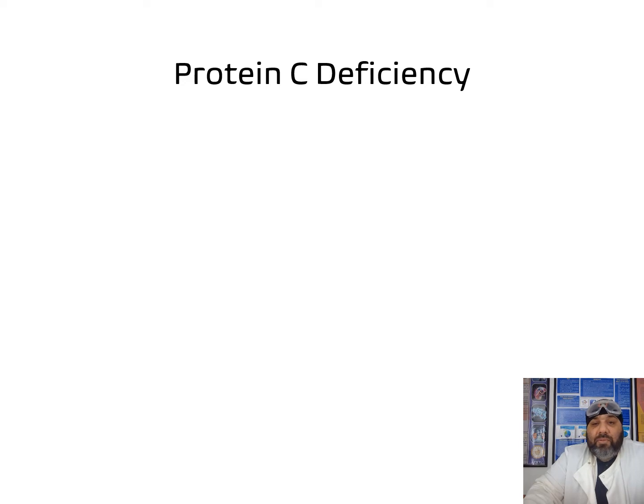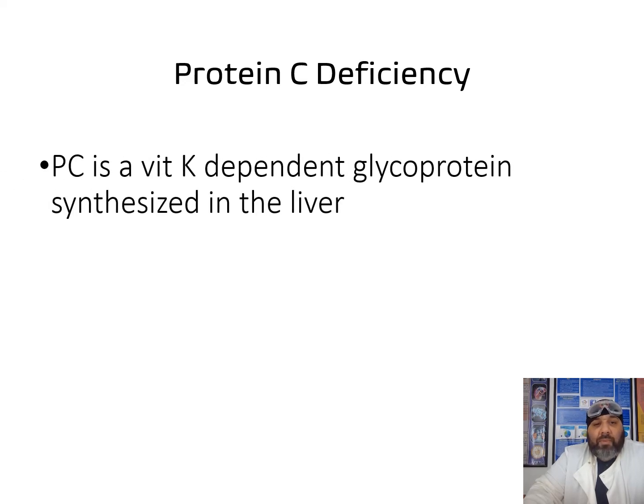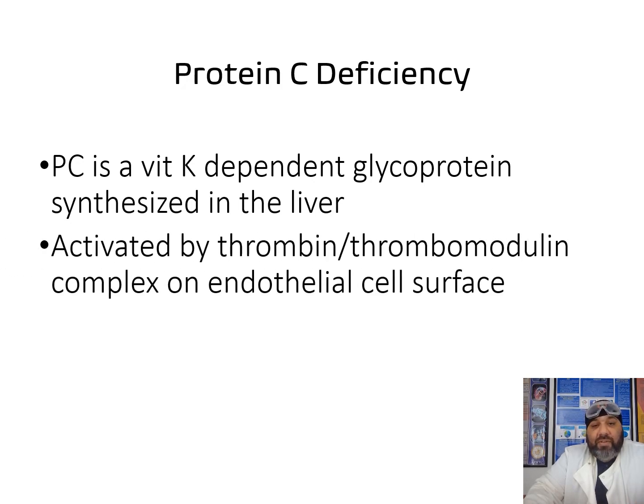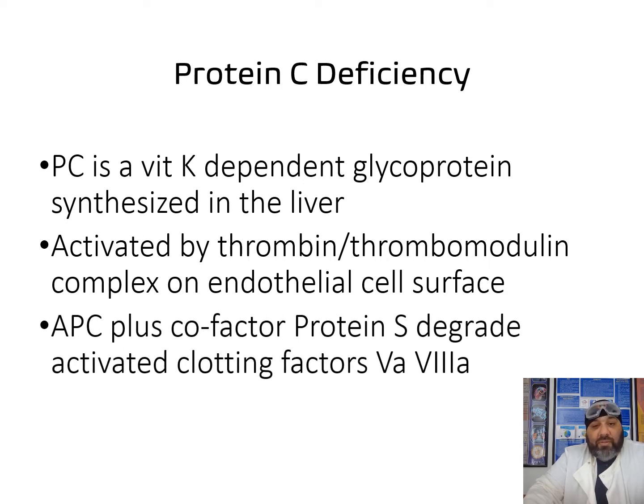In relation to protein C deficiency, protein C is a vitamin K dependent glycoprotein, generally synthesized in the liver, and activated by the thrombin and thrombomodulin complex on endothelial cell surfaces. APC plus cofactor protein S degrade the activated clotting factors 5A and 8A.